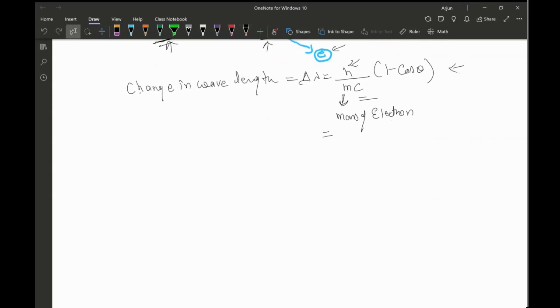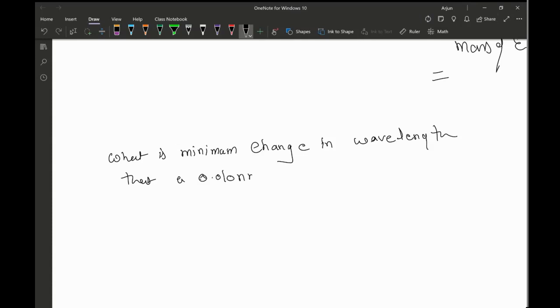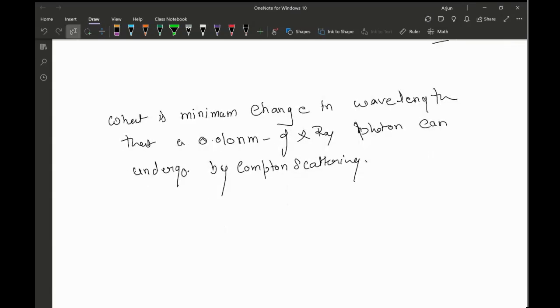The question is, what is the minimum change in wavelength that a 0.010 nanometer X-ray photon can undergo by Compton scattering? Now we wanted to find out the minimum change.